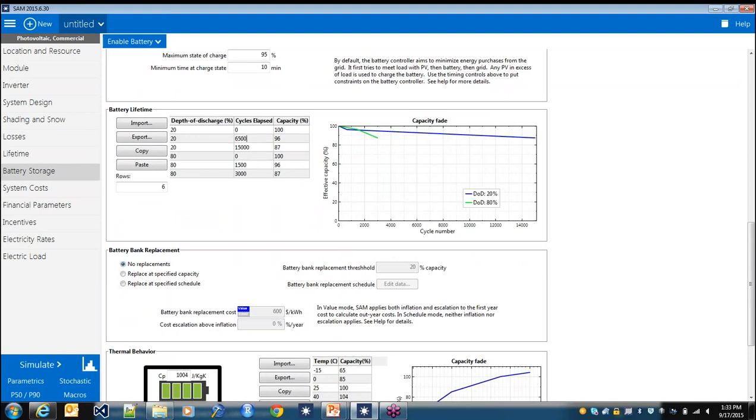But I would certainly encourage you, if you're doing a very detailed analysis, to try to get some kind of cycling information from the manufacturer, so you have more justification in your analysis about why you did or did not replace your battery.